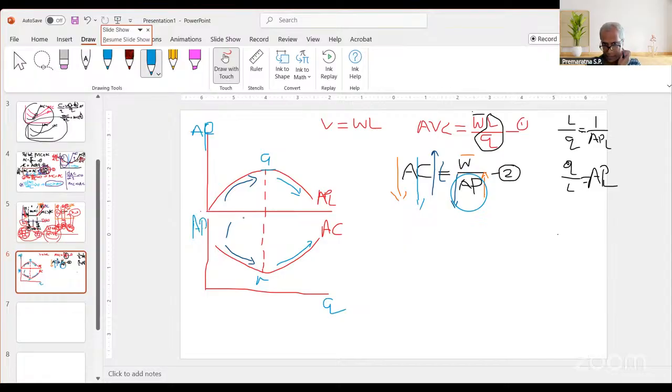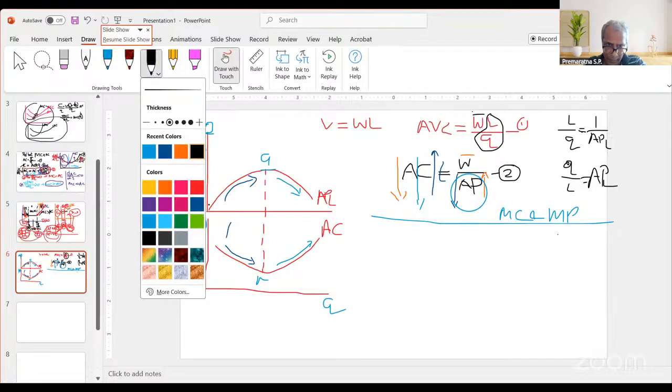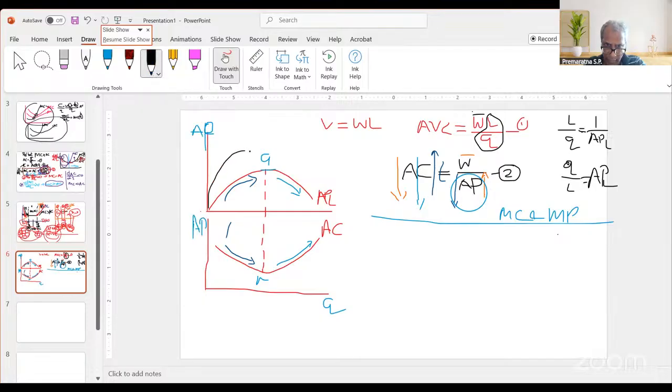Very simple exercise. Now look at the relationship between marginal cost and marginal product. Here, the marginal product comes to the maximum and crosses the average product at the optimal point, and then the marginal cost, on the other side, goes negative and goes like that.